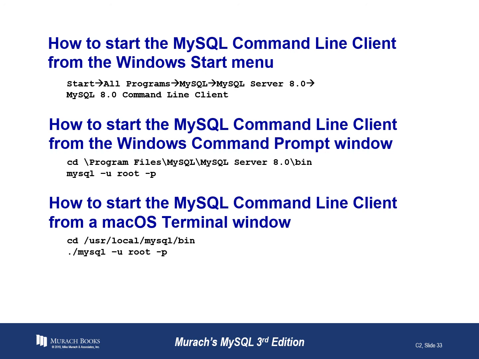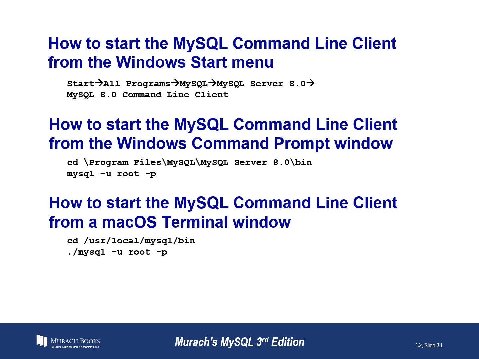And then, how to start the MySQL command line client from the Windows command prompt. If you want to start from the command prompt, you can follow this process. You just cd, or change directory, to this particular location, which is the bin folder in the MySQL server. And then you just say mysql -u, which allows you to specify the username, and then -p, which is basically saying it's going to need the password, so make sure you ask for the password.